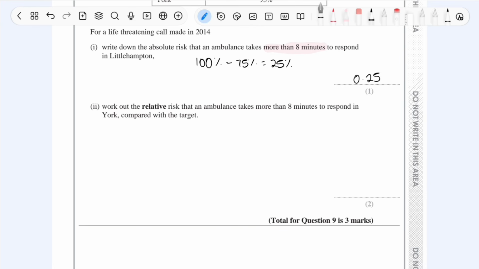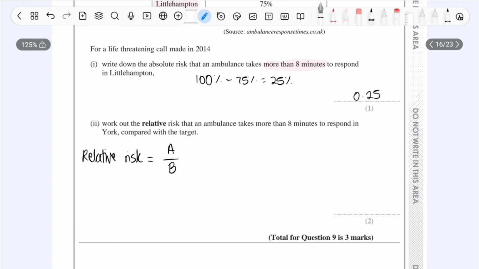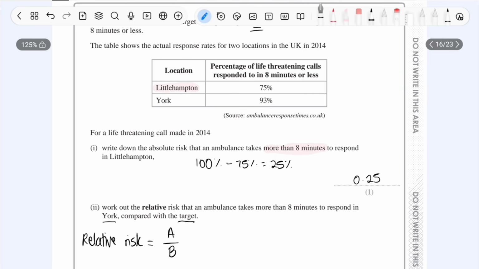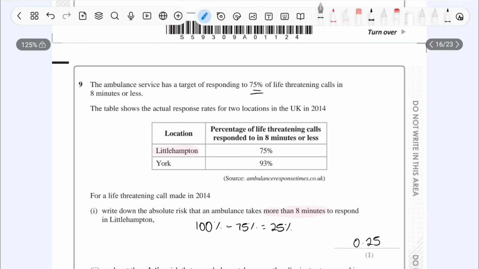So the relative risk has a formula. It's the risk of group A over the risk of group B. Now the order you do it in does make sense, because you need to find the relative risk of York compared to the target, and the target is 75%, as we've seen here.